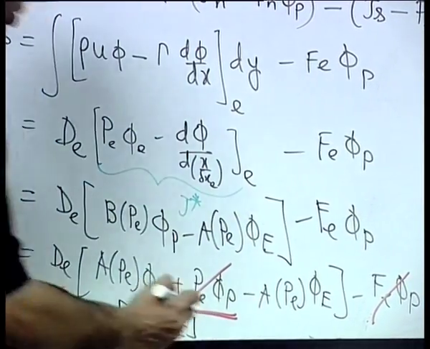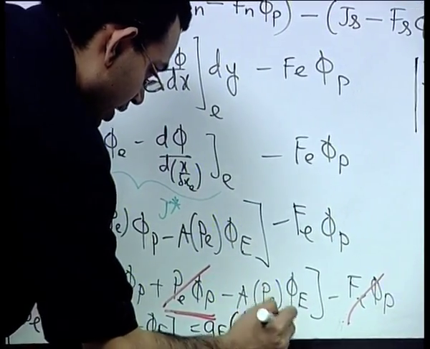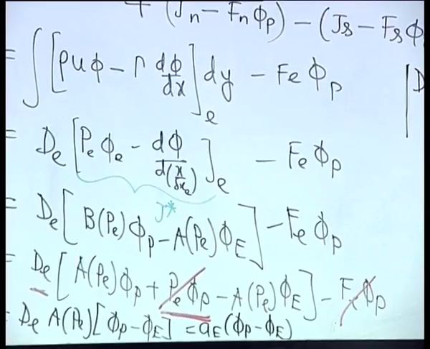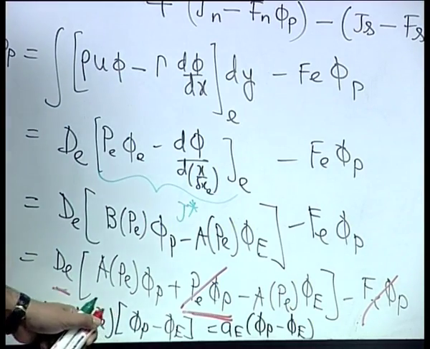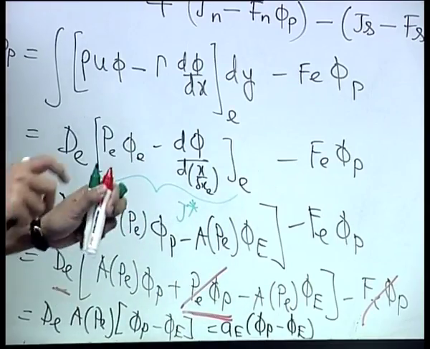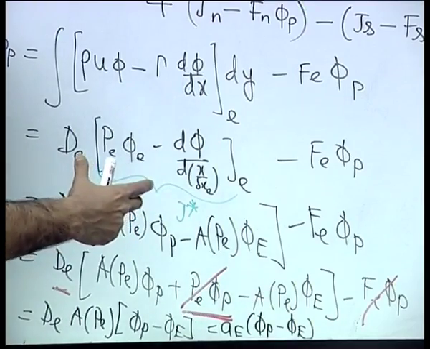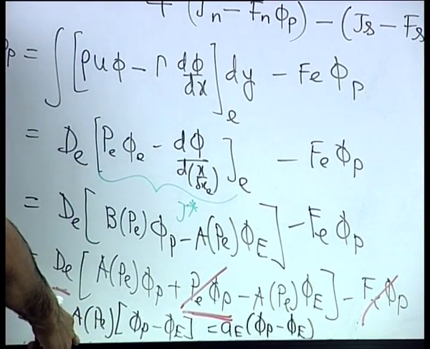So that is equal to small ae into phi p minus phi e, where small ae is dE into capital A, that is the dimensional coefficient, and A of P can be written in terms of A of mod P depending on the scheme you choose. So you can see that it is perfectly generalized. You can select a particular scheme and accordingly substitute the expression of A of P here.